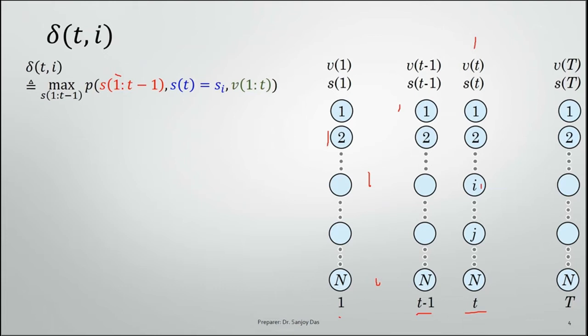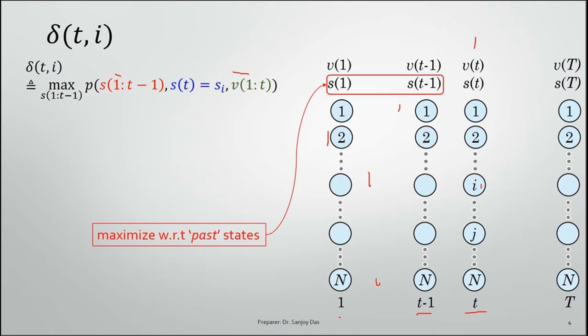And this is then the joint probability of St equals Si and the output sequence V1 through t, which is past up to present. So the red boxes always, not just in this slide, but in all slides in this presentation, will be what we are doing the maximization over. We are doing the maximization over all possible past states here.